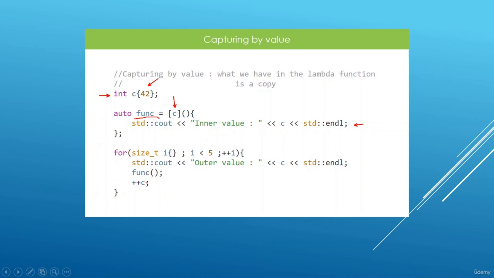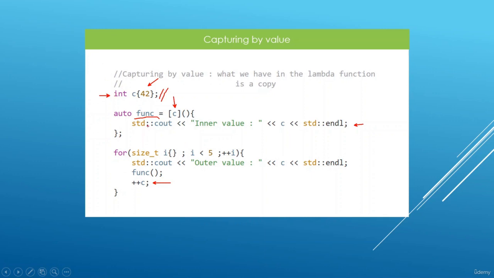After that, we're going to increment our c variable, and this is going to increment the outer variable. What we want to see is that the changes we are doing on the outside are picked up by the inner value that we have in our Lambda function. And I hate to break it to you, this is not going to be the case, because what we have inside the Lambda function is a copy of the outside variable.